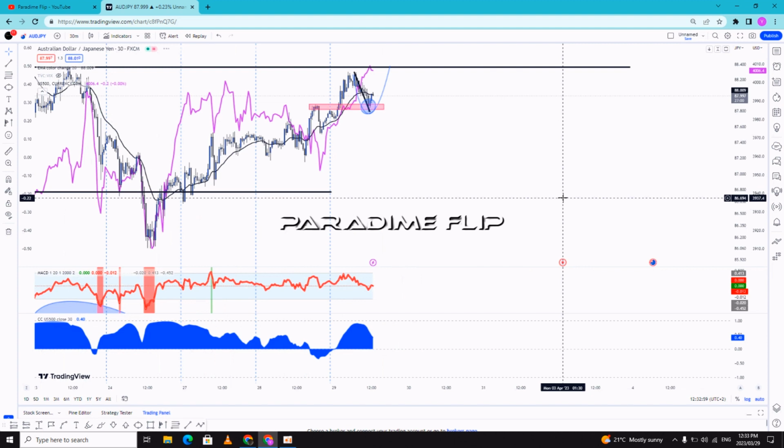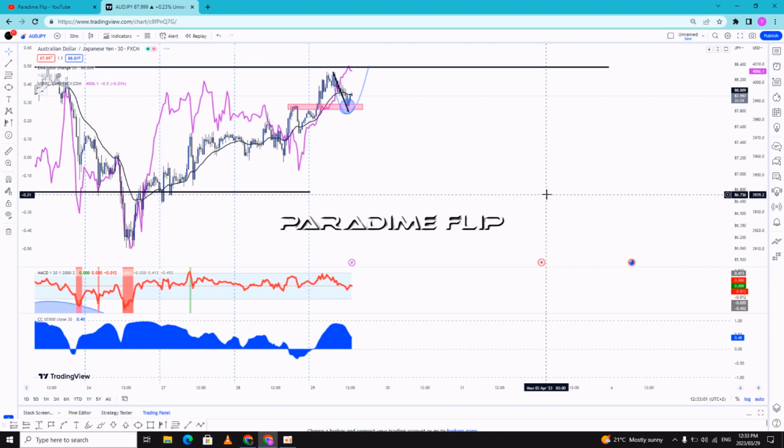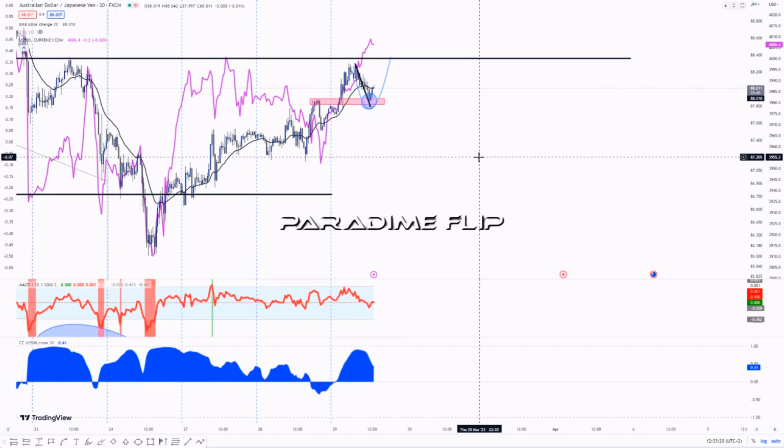Now, when it comes to intermarket analysis, one of the key things is to understand what drives certain markets. One of the biggest drivers of forex currencies are risk on and risk off flows, so I'm just going to type that in.